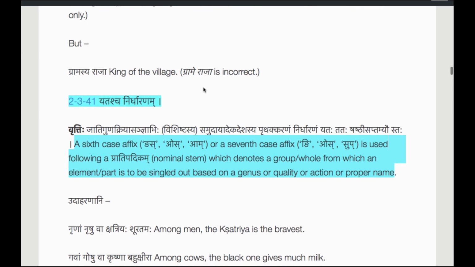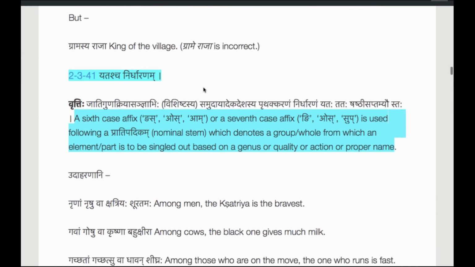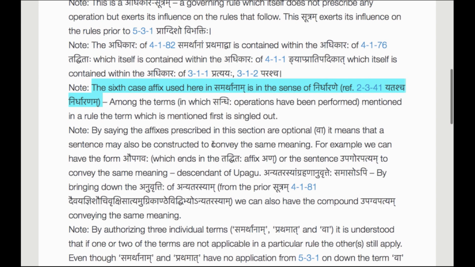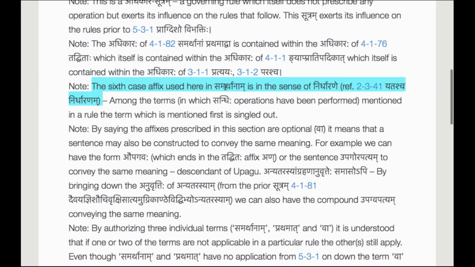That Sutram tells us that a sixth case affix or a seventh case affix is used following a Pratipadikam which denotes a group or whole from which an element or part is to be singled out based on a genus or quality or action or proper name. So in the present situation we have Shashthi Vibhaktihi in Samarthanam, which is the Shashthi used in Nirdharane.